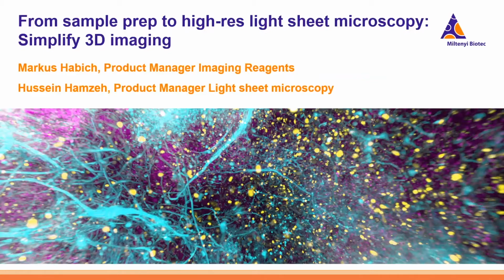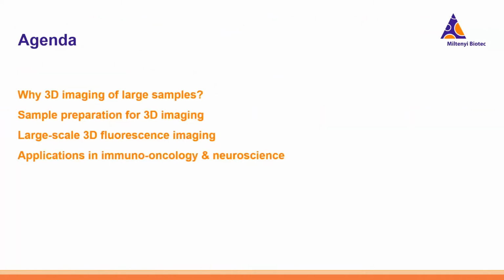And in the second half of the webinar, Hussein will take over. Let's directly start with the agenda of today's webinar. What do we want to have a look at? First of all, we would like to introduce 3D imaging and address the question, why actually image large samples in 3D?